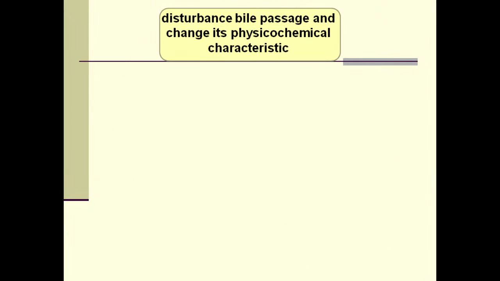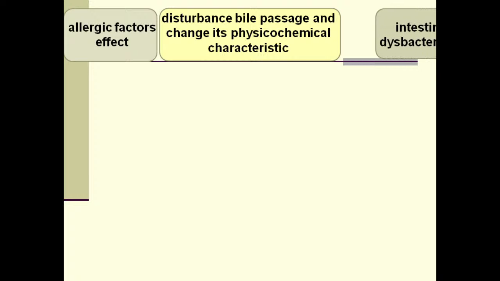During the mechanism of formation of cholecystitis, the provoking factor is preceded by motor dysfunction of the gallbladder, because disturbed bile passage and bile evacuation will change its chemical properties, and some allergic components can be provoking factors.